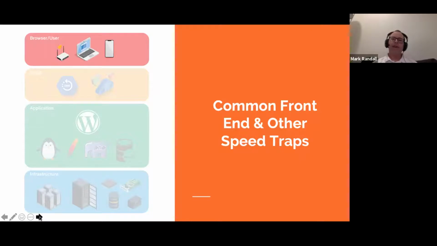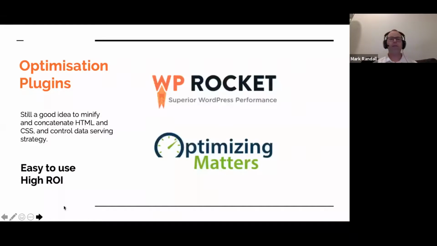Finally, front end performance optimizations and speed traps. I'll cover a few of those. There are some optimization plugins out there. Again, this is the WordPress specific context, but other CMSs work in similar ways, that allow you to what's called minify, which basically reduces and concentrates HTML and CSS.